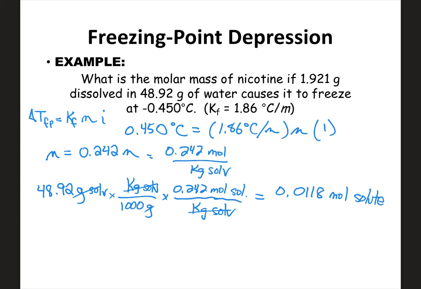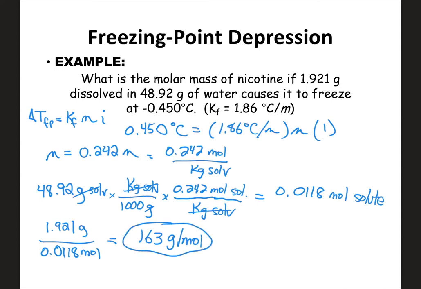So I'm going back to the original problem, and the amount of the solute is 1.921 grams of the nicotine, all over the moles of the solute, or the moles of the nicotine that I just found, 0.0118 moles. When I plug, chug, sig fig, I get 163 grams per mole. Remember, that's your units here for molar mass.